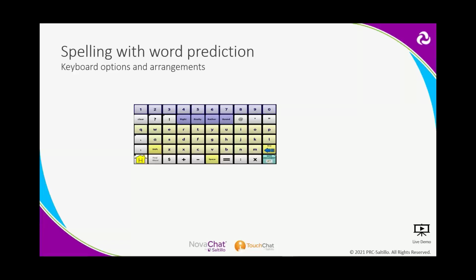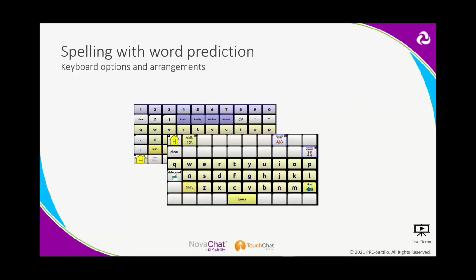Okay, another thing that is available on the TouchChat and NovaChat versions of WordPower are different spelling keyboards. So this is a regular QWERTY keyboard that has the word prediction keys here. And then another option would be a spelling keyboard that doesn't have word prediction.